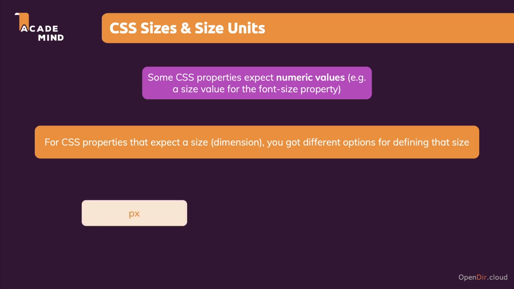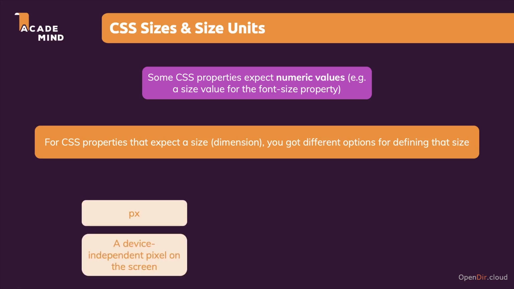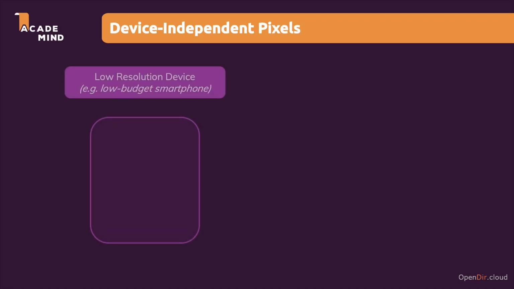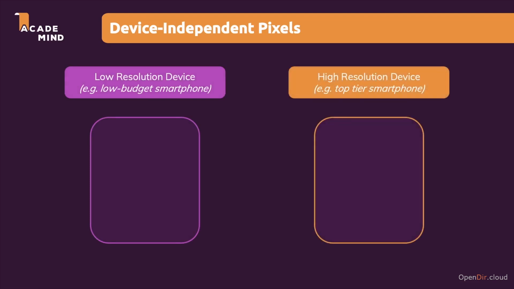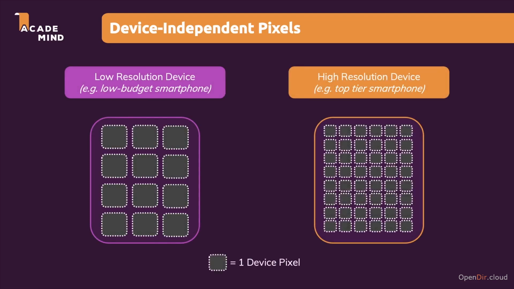And there is, for example, the pixels unit. With the pixel unit, you can set a size or dimension in CSS by targeting device-independent screen pixels. Now, what do I mean with device-independent? It simply means that if you're viewing a page on a high-resolution device, then if we would always allocate the same amount of screen pixels, since a high-resolution device has way more screen pixels available, items would be smaller.